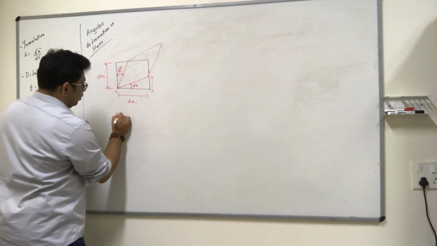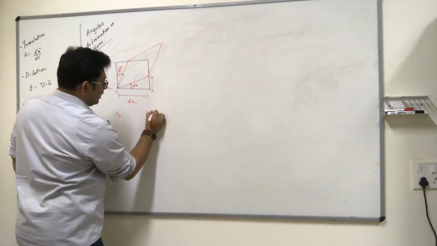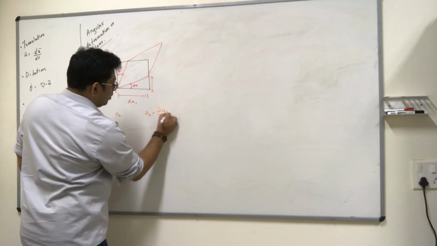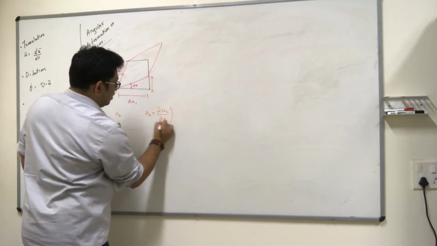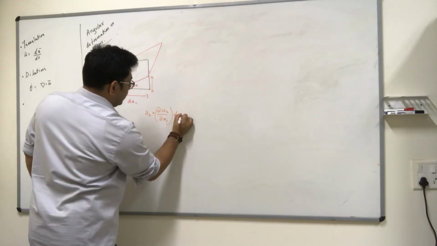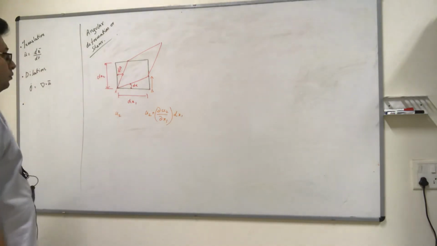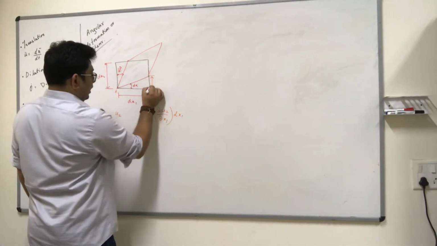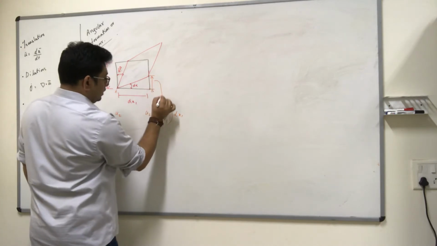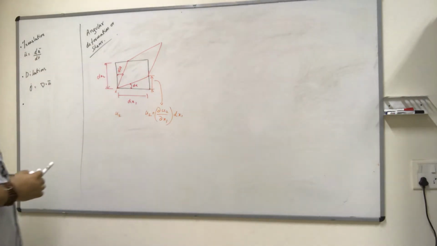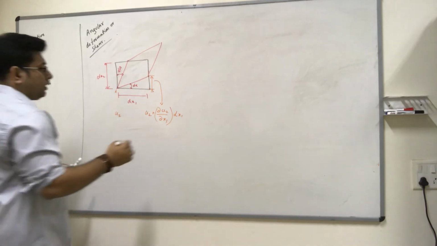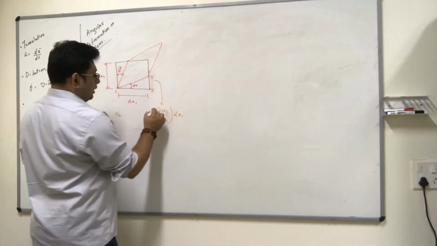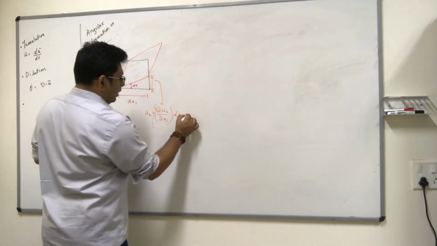So this is u2, and here you have u2 plus del u2 by del x1 into dx1. So this length is equal to this into dt. So this length is this quantity multiplied by another dt.